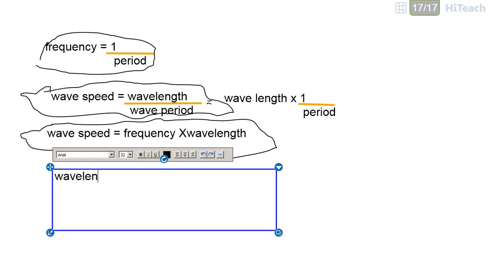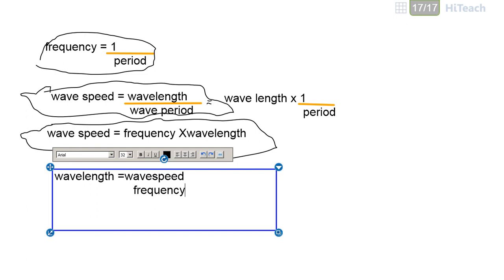From the previous formula, wavelength equals wave speed over frequency. You have to memorize all of these formulas, okay?